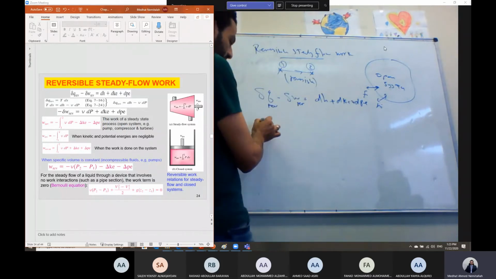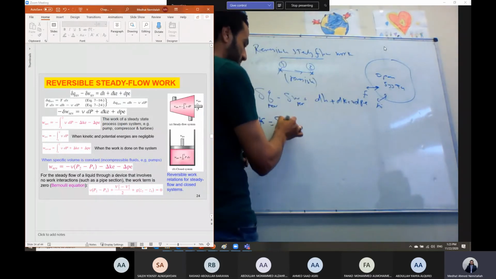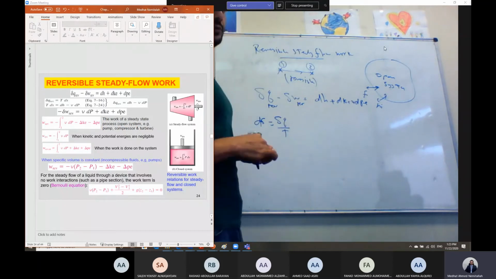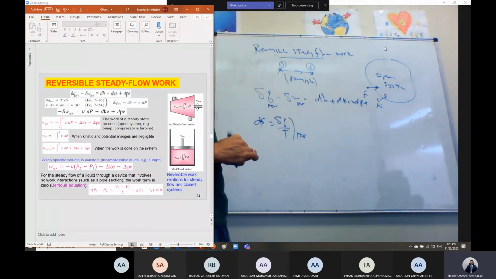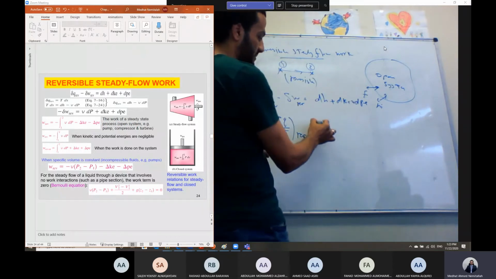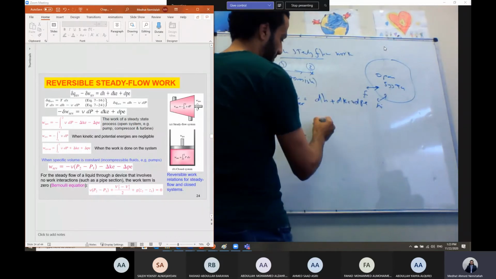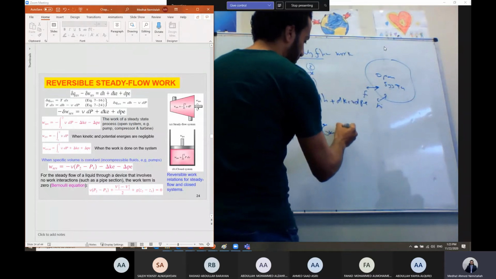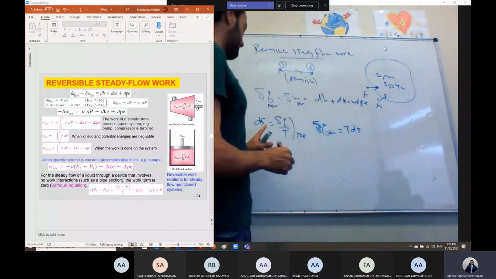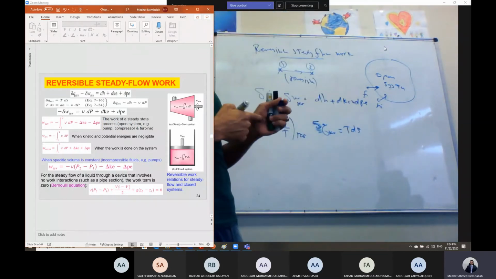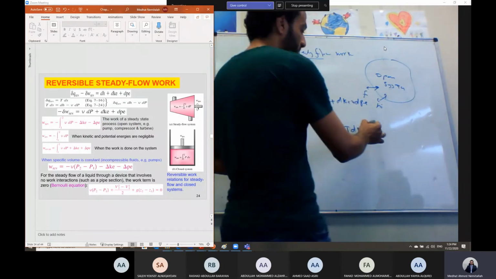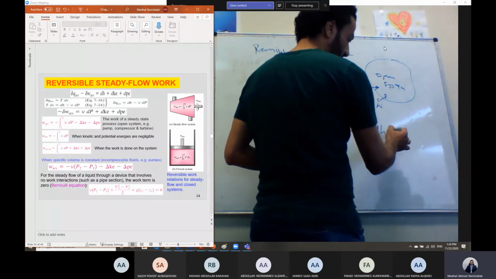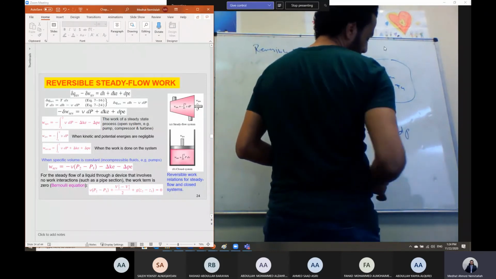But by definition of delta S, we said delta S is equal to delta Q over T, on the condition that this process is reversible. Or we can say delta Q reversible will equal T dS. Based on the T dS relations that we have developed, delta Q is equal to T dS, and T dS is equal to dH minus v dP.